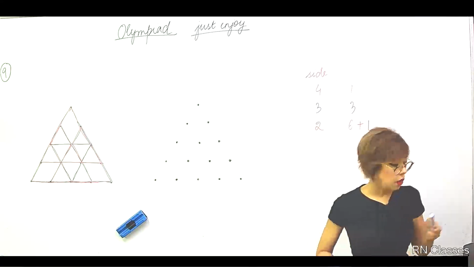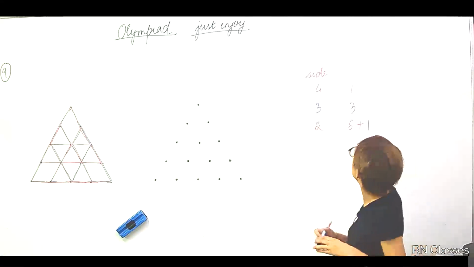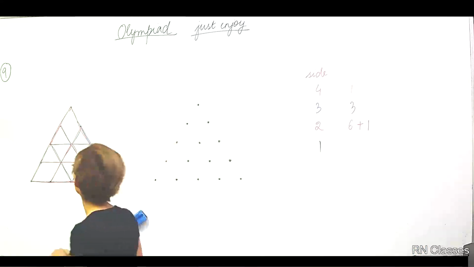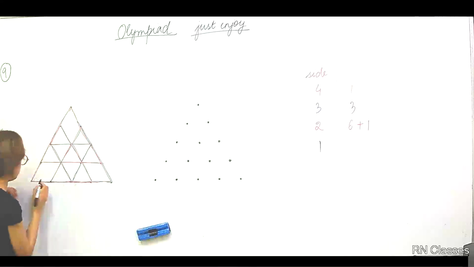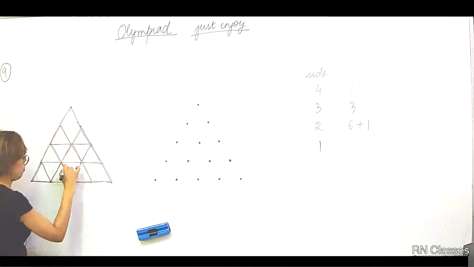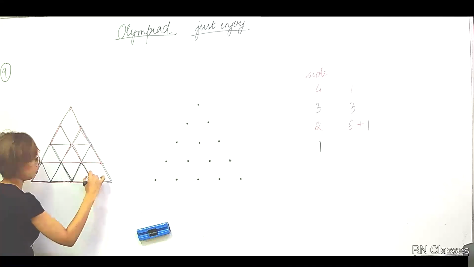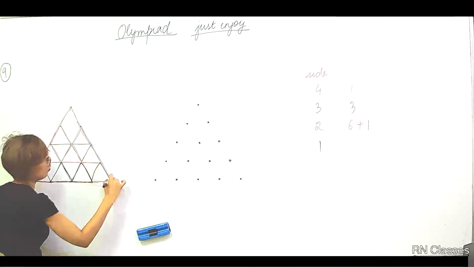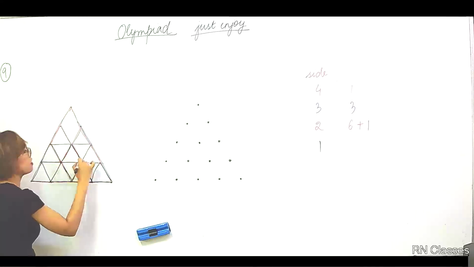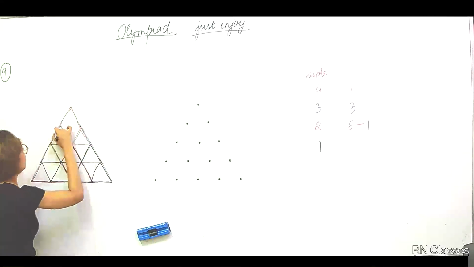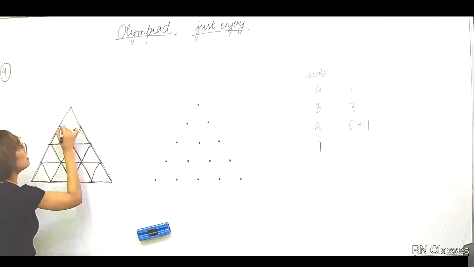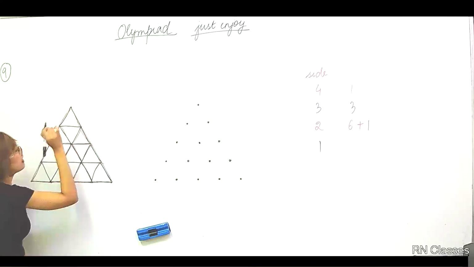Right? Now last but not the least, side length 1. Obviously, there will be a lot of those. Let's count. So 1, 2, 3, 4, 5, 6, 7, 8, 9, 10. Right, 10.